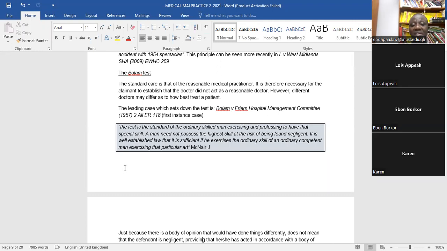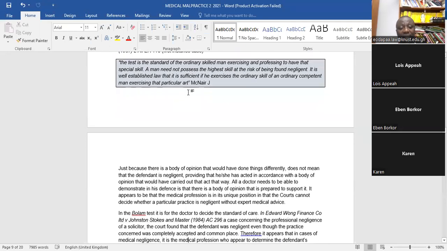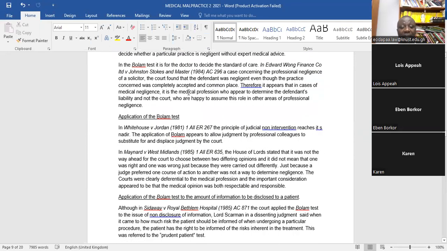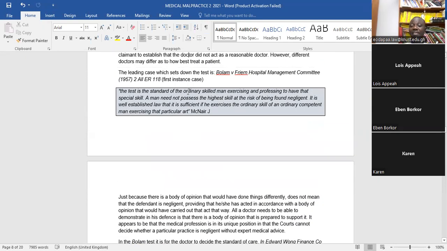A man need not possess the highest skill at the risk of being found negligent. It is well established that it is sufficient if he exercises the ordinary skill of an ordinary competent man exercising that particular act. For the first part, that was quite straightforward. He established the principle that we know very well.